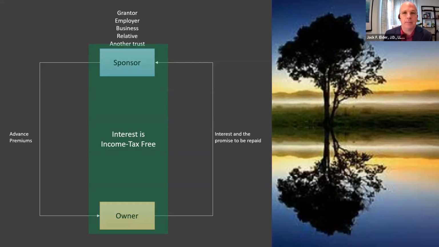From an income tax perspective, no transaction has taken place. From an estate and gift tax perspective, a transaction has taken place. That insurance is going to be outside the estate. But the interest on these, call them intra-family loans or loans to the trust, is income tax free.